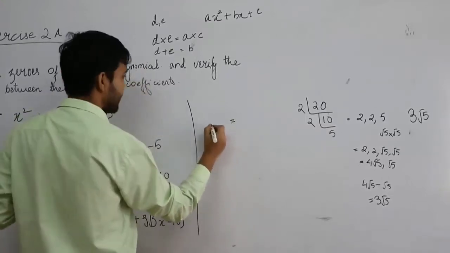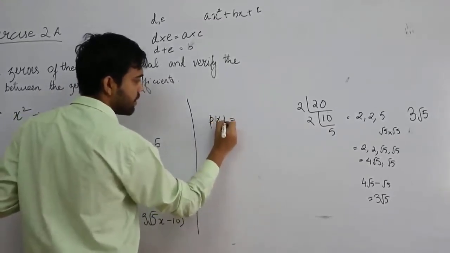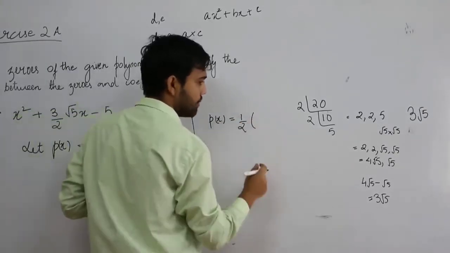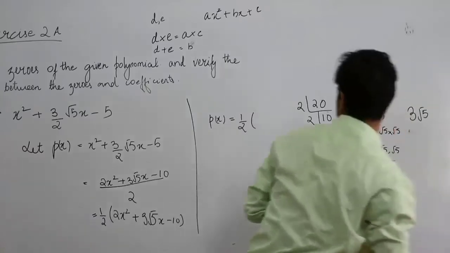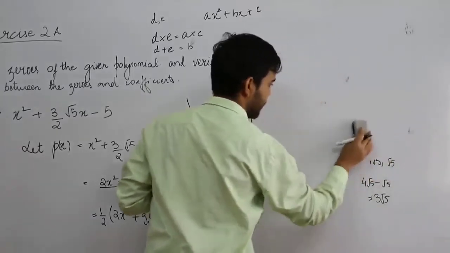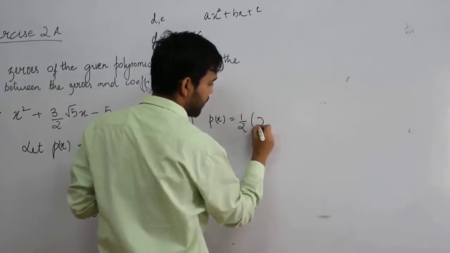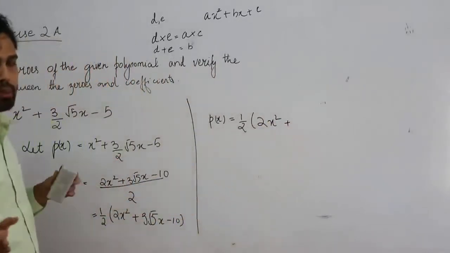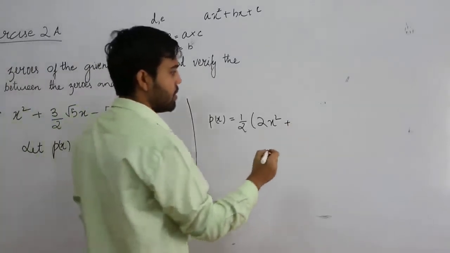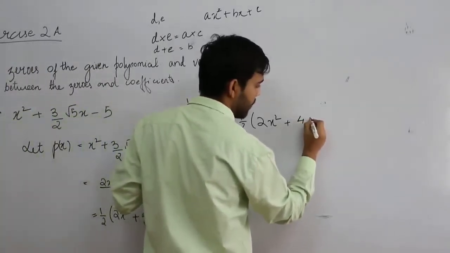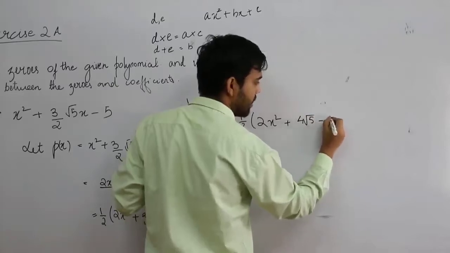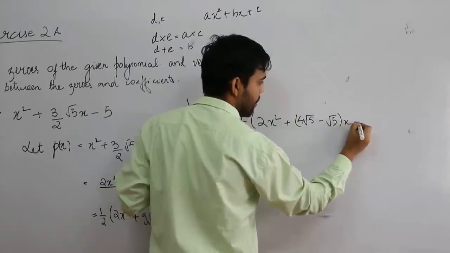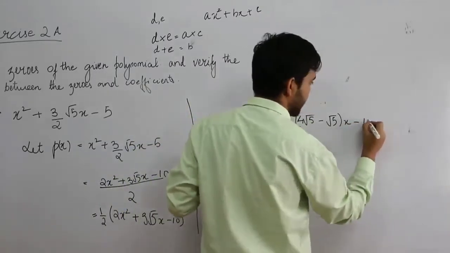my p of x is equal to half, which will remain outside, times 2x squared plus my numbers were 4 root 5 and root 5, so I have 4 root 5 minus root 5 x minus 10.